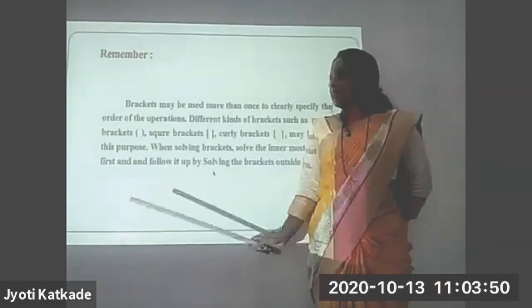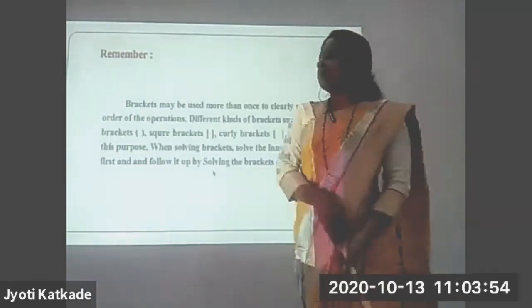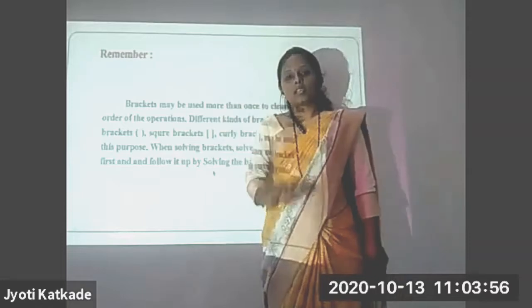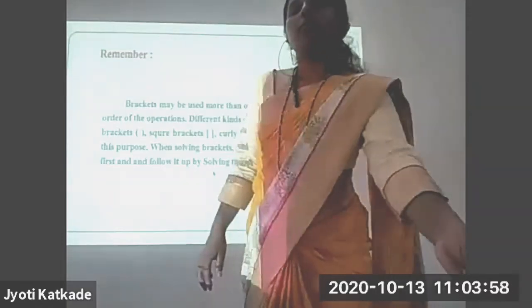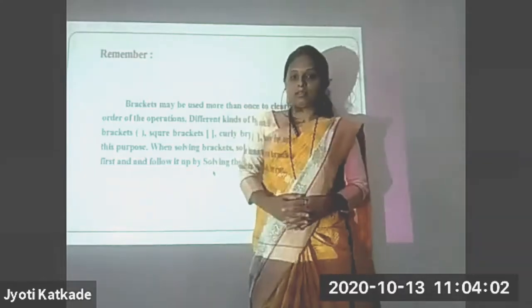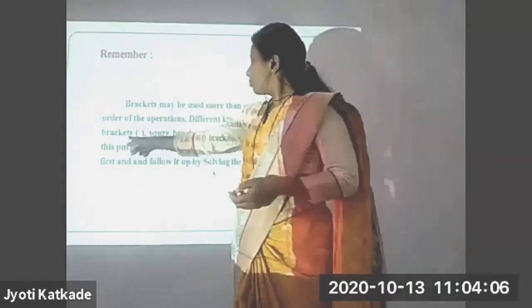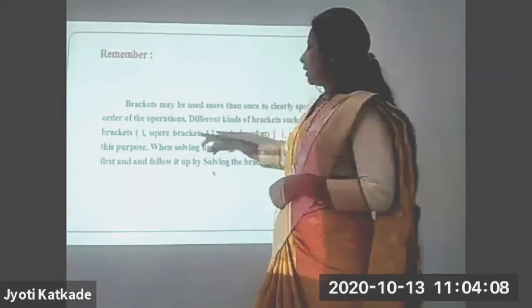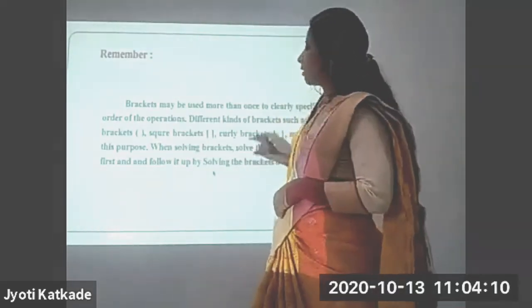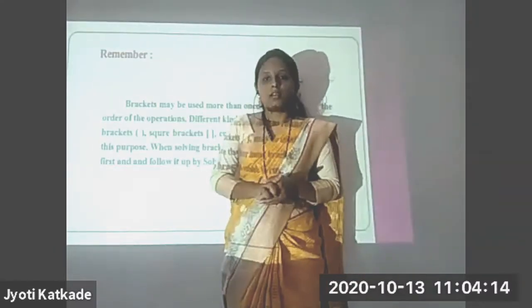Meaning of this, don't take tension about this. Okay. So in some examples, there is more than one bracket given. Means if there are round brackets, then square brackets and curly brackets, these 3 brackets are also used in one example.